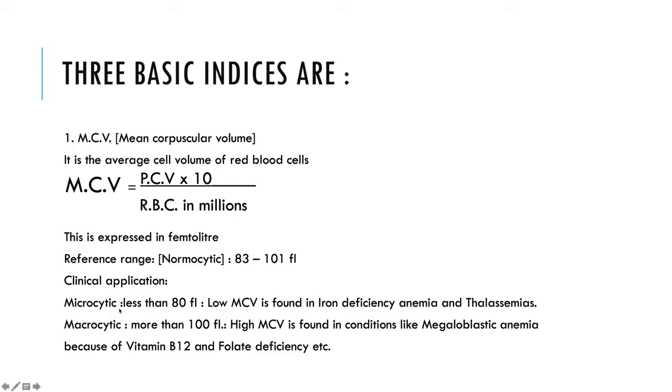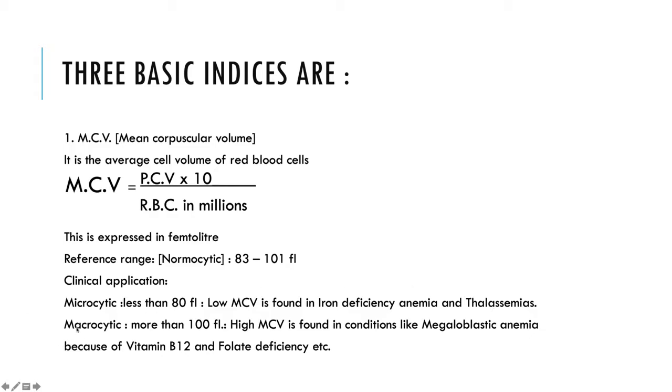There you can diagnose a total of two types of anemia. The first one is microcytic anemia. So what is the meaning of microcytic anemia? If the average cell volume of RBC is less than 80 femtoliter, then you can call it microcytic anemia, which can usually be seen in iron deficiency anemia and thalassemia.